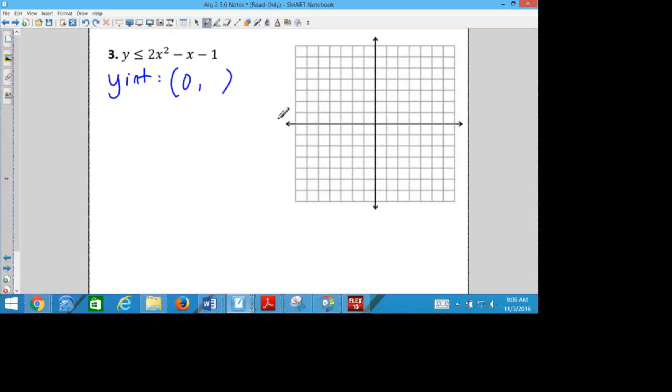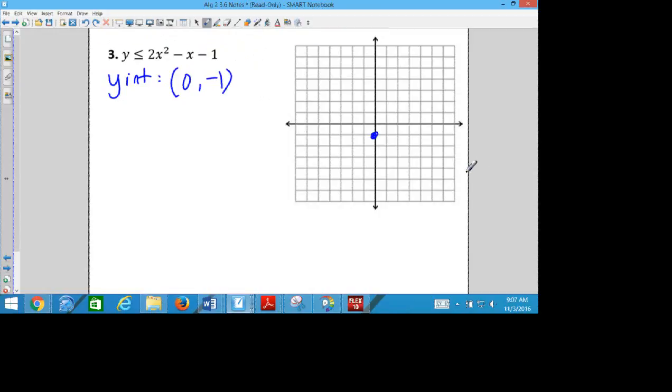Plug in 0 here and here. Negative 1. Good. So (0, -1) is the y-intercept.